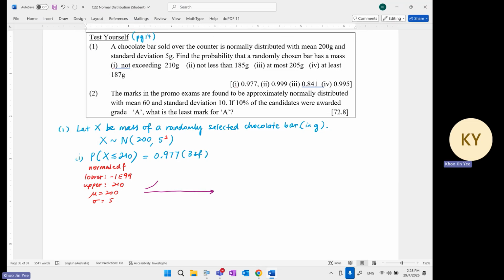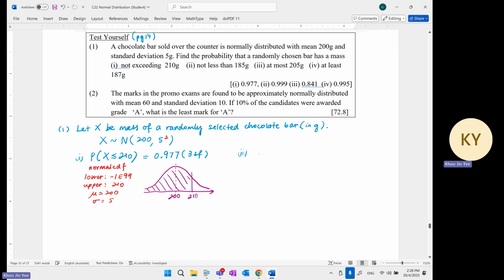You have a normal distribution graph, so your mean is 200, but the value that you're looking at is 210, like that. So what is this area over here? This area will be 0.977. Mentally, you should be having this image. So this is the first one. Okay, second one.